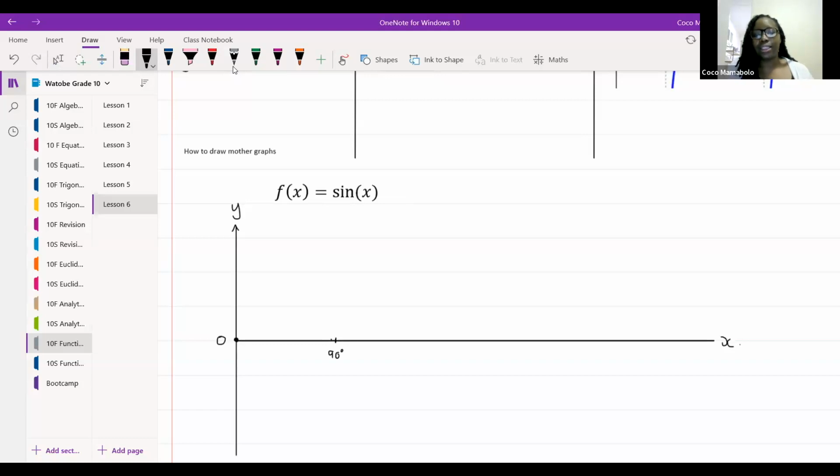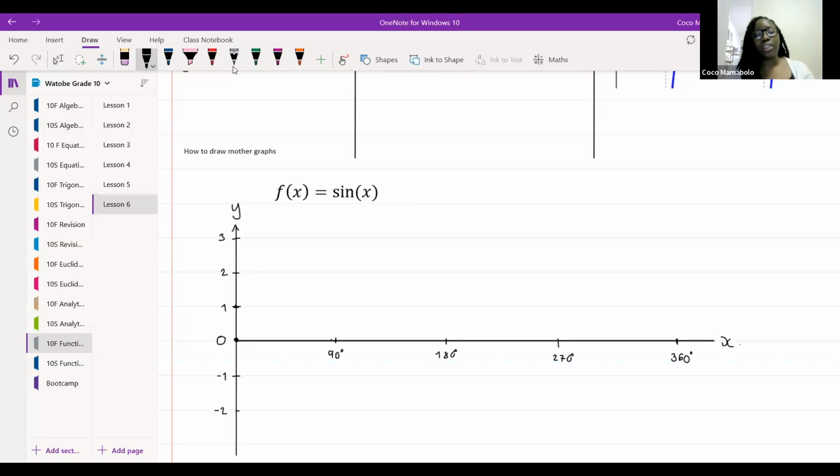Can you see that they are? 90 degrees, 180 degrees, 270 degrees, and the last one over here, 360 degrees. On this axis over here, I'm going to put 1, 2, 3, and down here, -1, -2.